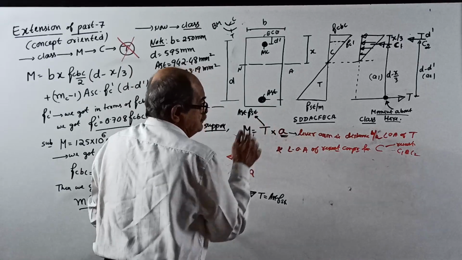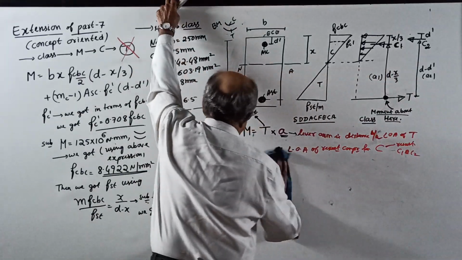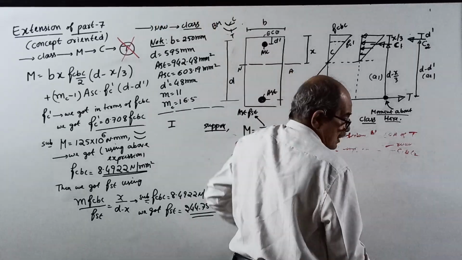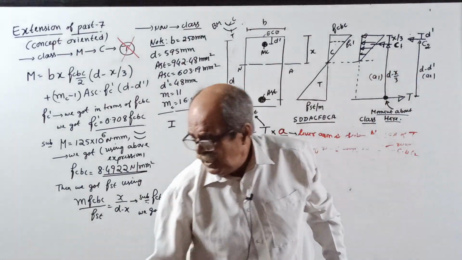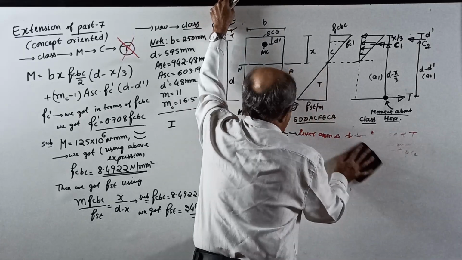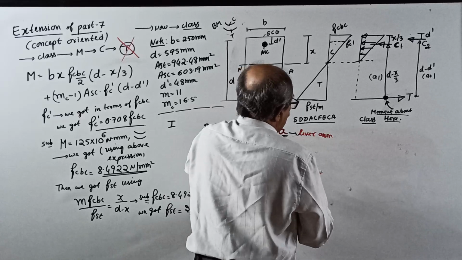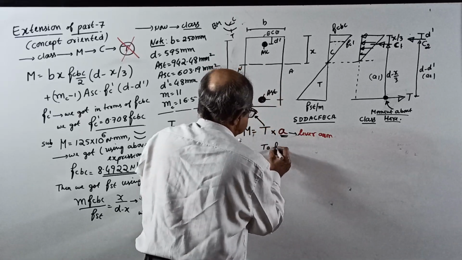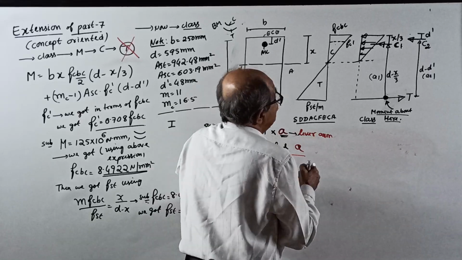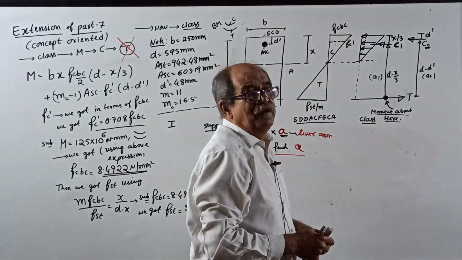I won't waste time once again. Now you require A. To find A, I will remove everything now, not required. Don't worry about unnecessary things. To find that lever arm A, which is the distance from here to the resultant of these two, the actual lever arm, there is only one lever arm.